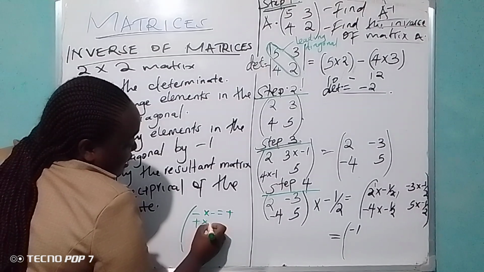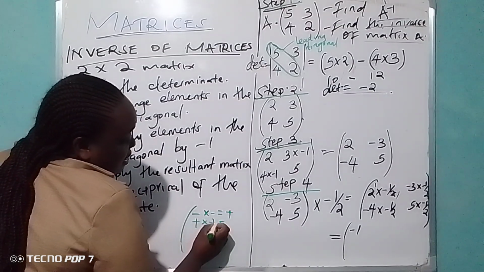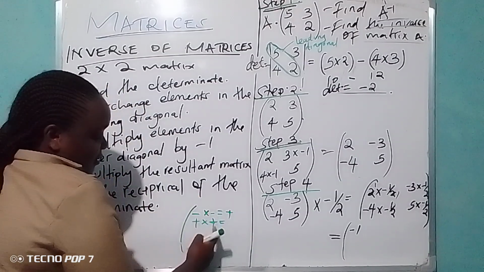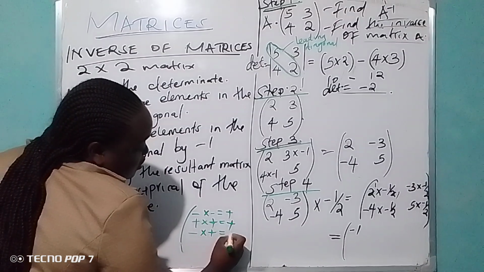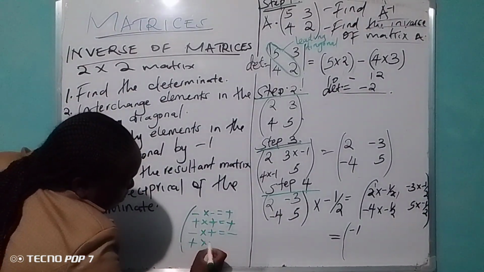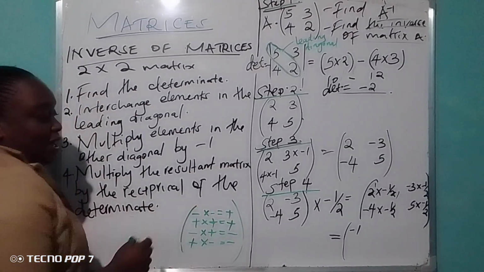A positive times a negative is equal to a negative, a negative times a positive is a negative, and a positive times a positive is a positive. So put in mind that one.